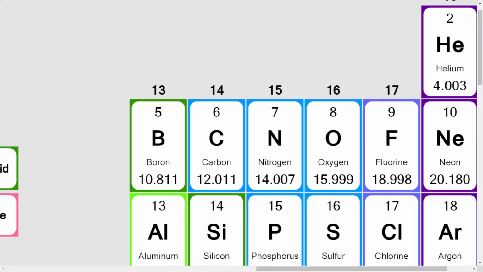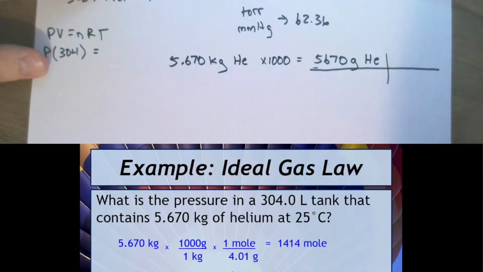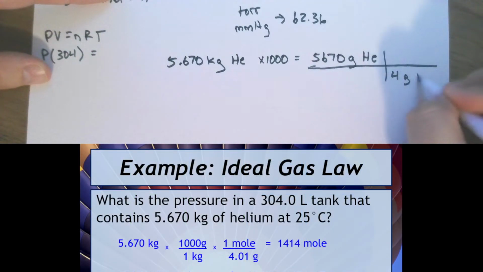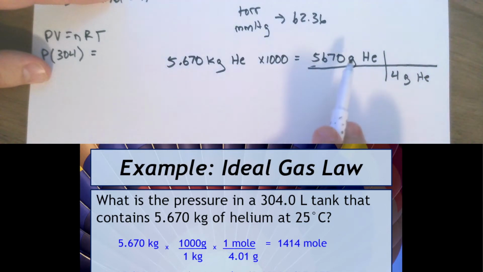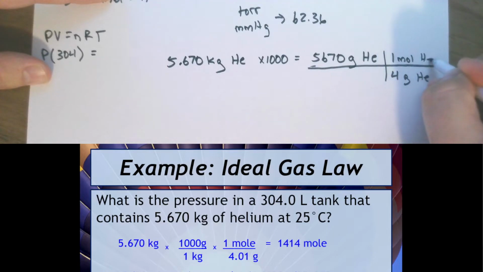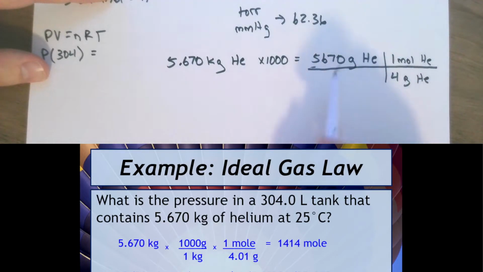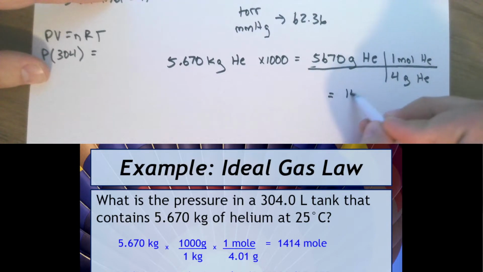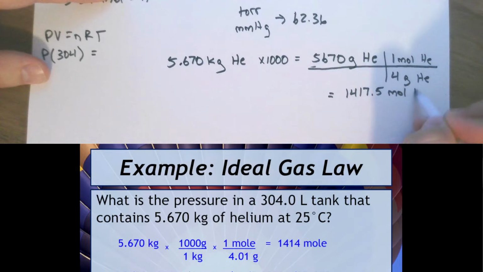It weighs 4.003. We're just going to round it to 4. It weighs 4 grams for every 1 mole. So that means 4 grams of helium on the bottom, so that the grams of helium cancel, equals 1 mole of helium. 5670 times 1, divided by 4, I get 1417.5 moles of helium.